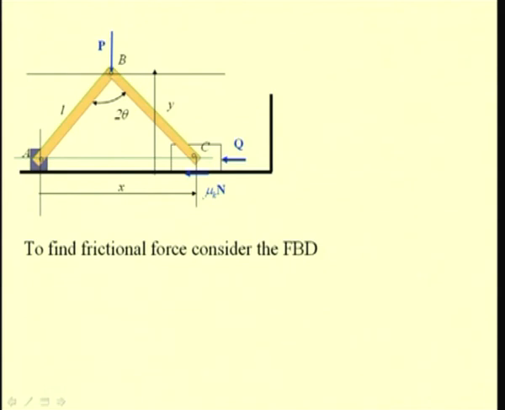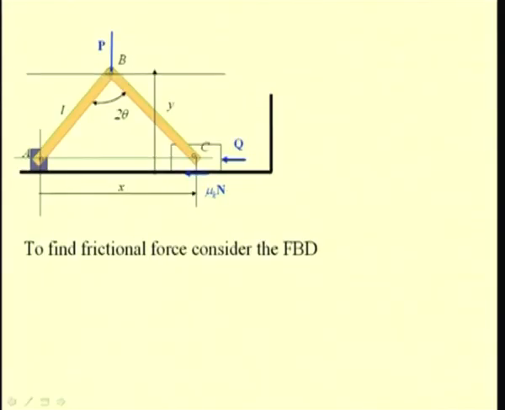Now, in order to find this frictional force, that is mu k N, which is the unknown force, we have to consider the free body diagram and solve by considering the equilibrium equations. We have already seen that when we have friction in the system, we have to go by our traditional methods of equilibrium to solve for the unknown, because the virtual work method does not give any additional advantage.